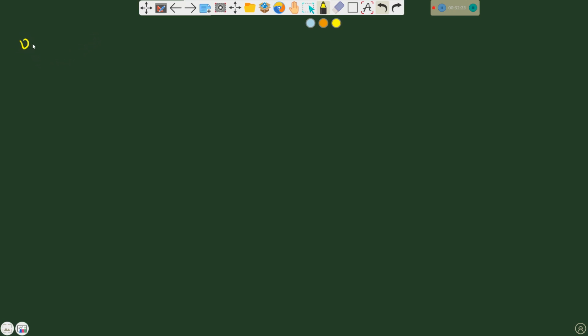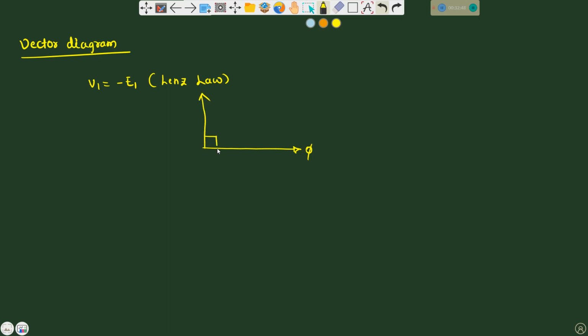So if we talk about the vector diagram, here V1 will be minus E1 according to what? Lenz's law. Correct. So this is what? Flux phi. There will be voltage lag by 90 degree, that is V1 equals minus E1.